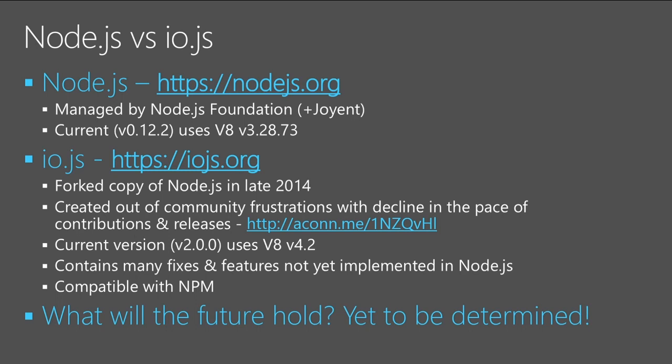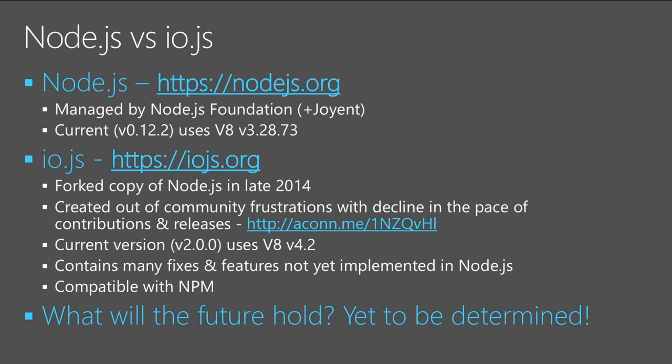I've got a link there to an unopinionated article that explains what the frustrations were, with quotes from both sides. The current version, as of last night, is IOJS v2, and it uses V8 engine 4.2. Why is that important? Because the V8 engine that Node.js uses is an older version that does not support ECMAScript 6, the latest version of JavaScript that's being ratified and coming down the pipe, where we can have things like promises, classes, and modules.